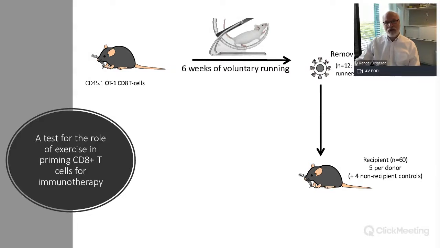She removed T cells from donors, either non-running controls, animals running at a lower rate, or animals running at a fast rate, and put those into recipients, overall 60 different recipients, 5 per donor, to ask: do T cells from exercised animals have an effect on tumor growth in non-exercising animals? So, can you separate the T cell mediated changes from the exercising animal and show that they are intrinsic to changes in the T cells themselves?